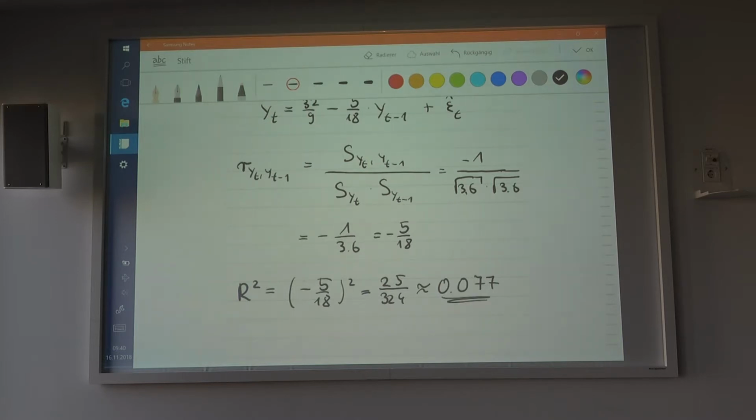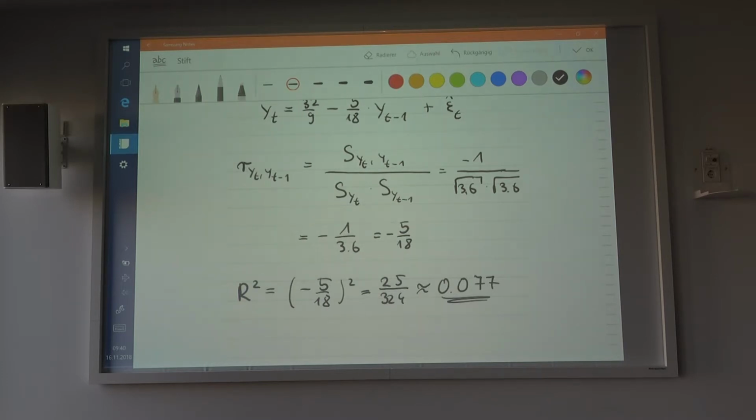That's the coefficient of determination. What does it say? It says that approximately 7.7% of the variance of the dependent variable can be explained by the explanatory variable. That's relatively low. You could test this, but I would suspect that this process is not really a first order autoregressive process in general, because the explanatory power here is relatively low.